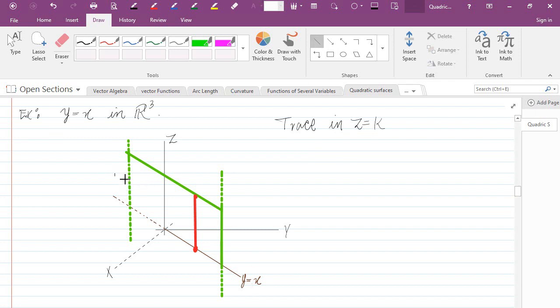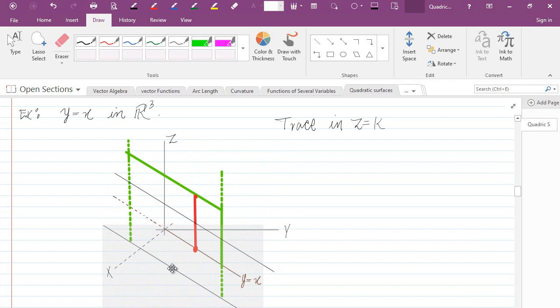So what we are getting is this straight line. When z is 0, you get the straight line y is equal to x, and as z equals 1, 2, 3, and so on, you are getting a copy of the same line as the traces.